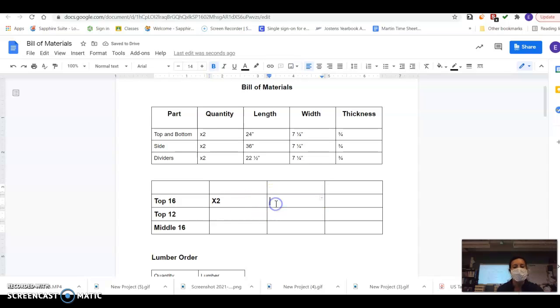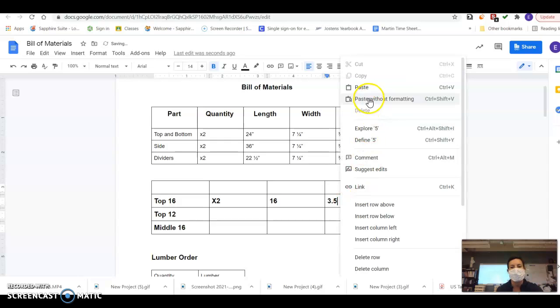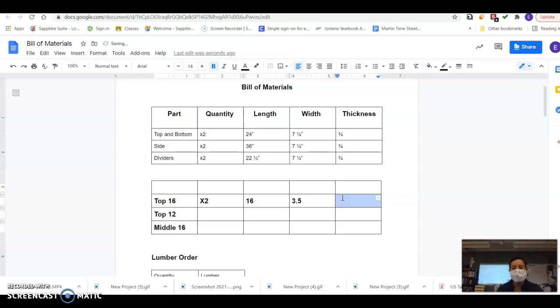What was the length? What was the width? 3.5. What was the thickness? Okay, the top 12. You need 2 of those. They were 12 inches. Do you get the idea? But you're doing this for your shelf.